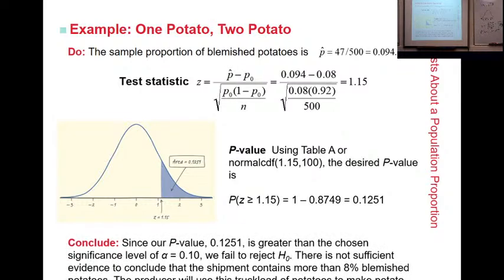Since our p-value is greater than the alpha level, fail to reject, not enough evidence that the shipment contains more than 8% of the blemished potatoes. So again, compare the p-value to the alpha level, reject or fail to reject. Is or is not enough evidence to conclude the alternative.